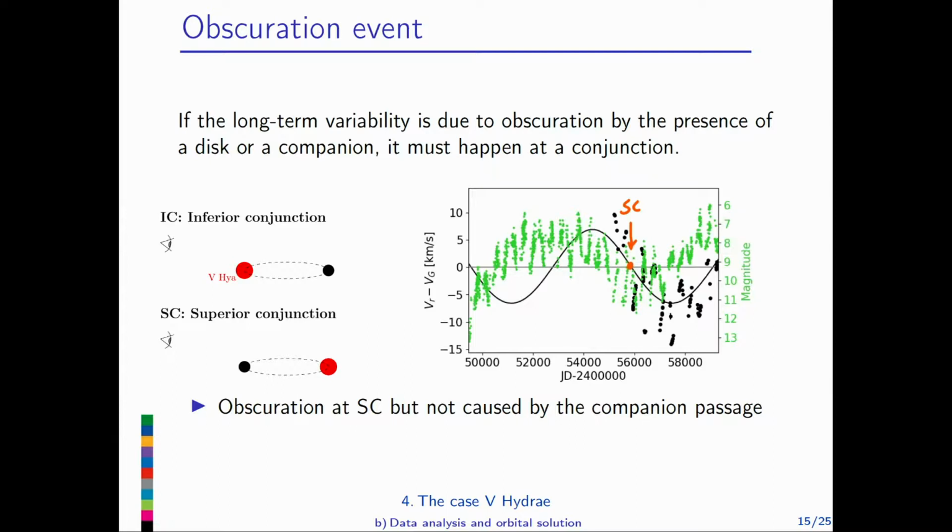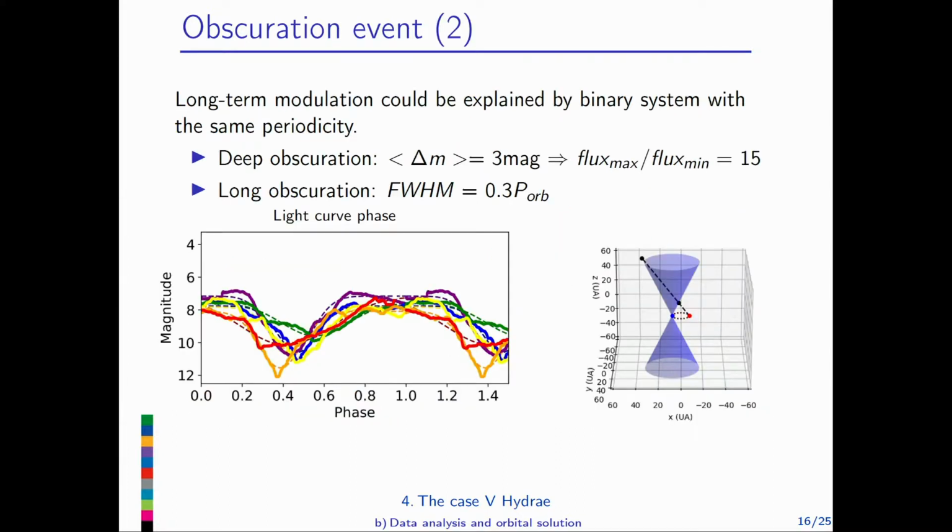Yeah, unfortunately, as it happens at the superior conjunction, it cannot really be explained by a circumbinary disk. As you said, it would appear at the inferior conjunction instead. So maybe our possible idea, but not an explanation, just an idea, was to explain it by a jet, because in that case we would have an obscuration at the superior conjunction.